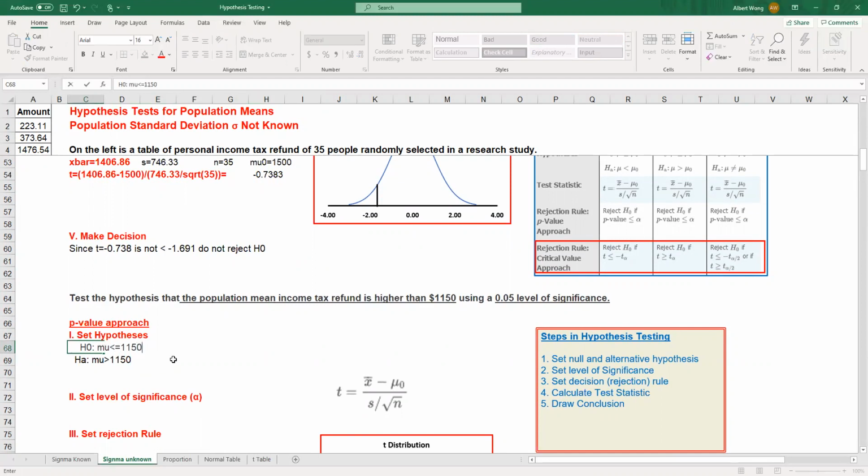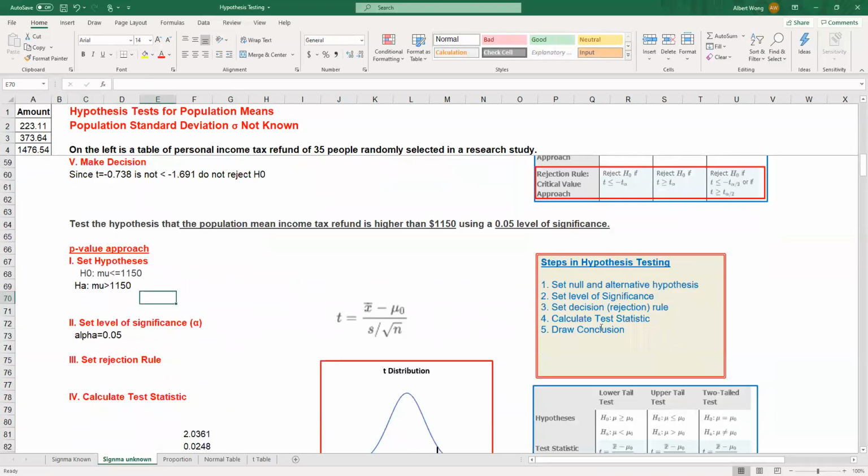And so therefore this is an upper tail test. If you use the p-value approach, alpha of course is equal to 0.05. We reject H0 if the p-value is less than alpha.